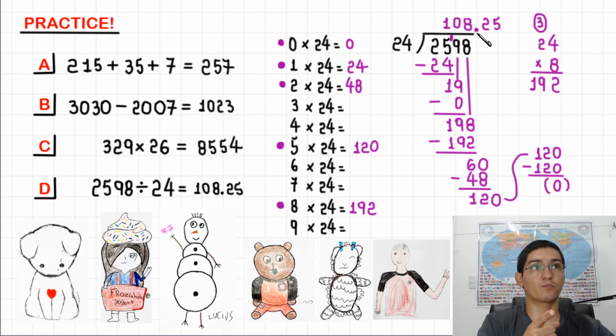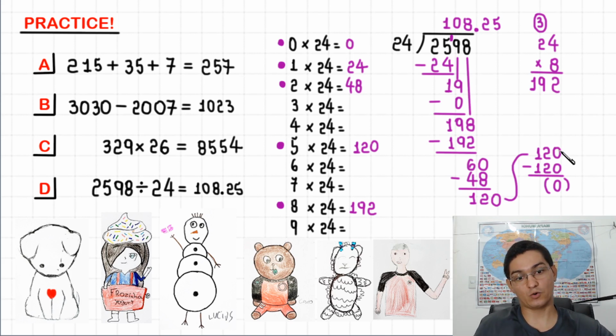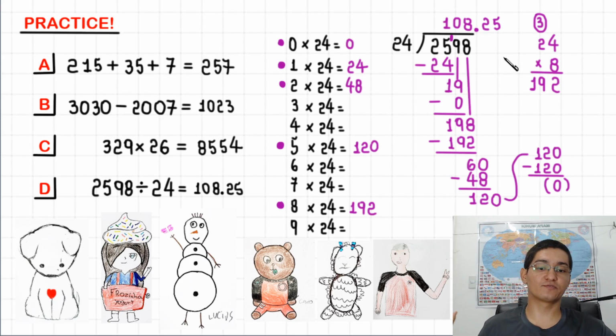You put the decimal point, and since you do not have any more digits to bring down, you bring down 0 whenever you need, okay? So it's not that hard. If you prefer, you can just find the whole quotient and remainder, okay? That works for a lot of problems. But if you are working with some kind of problem in which you have to continue the division, it's important that you know how to use the decimal point.